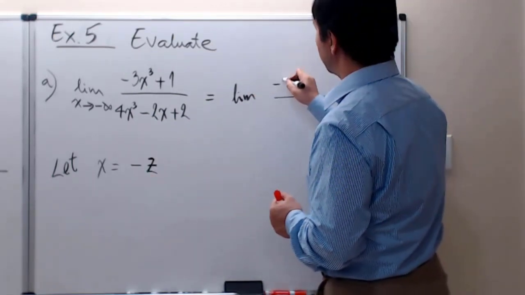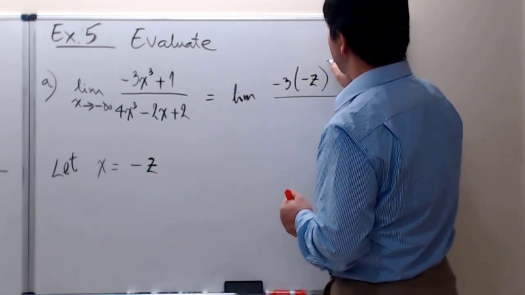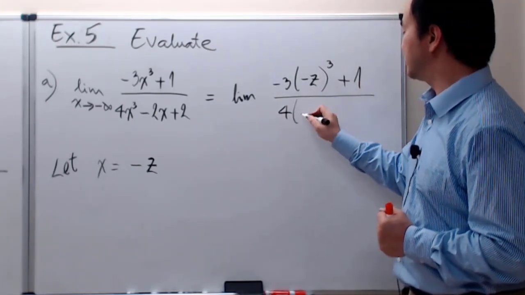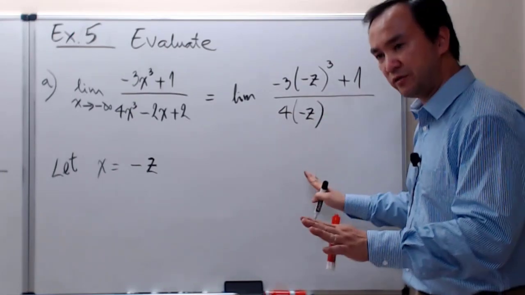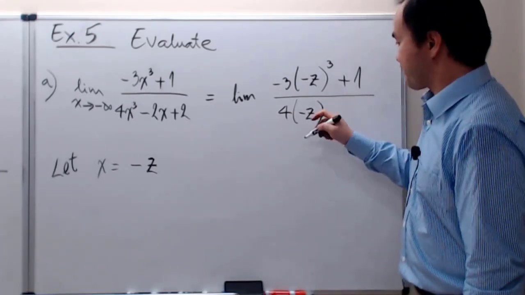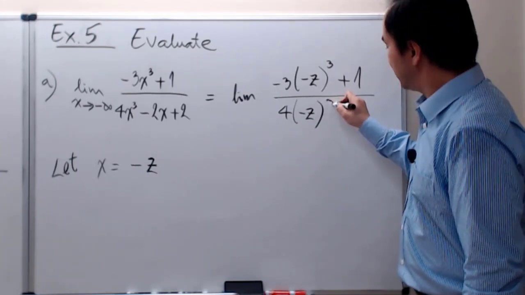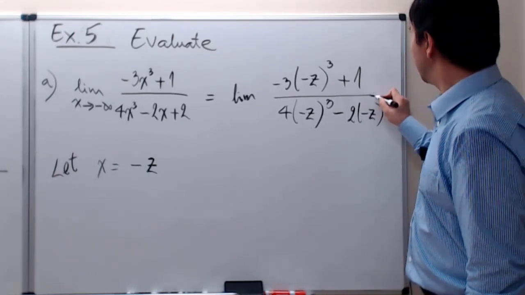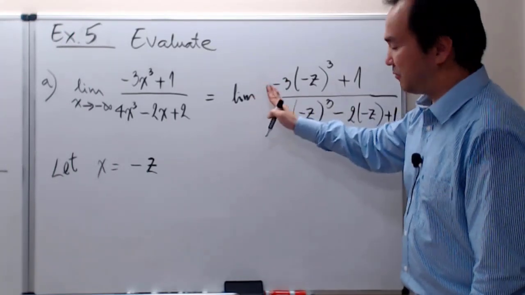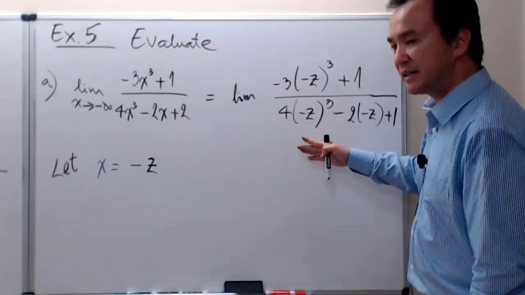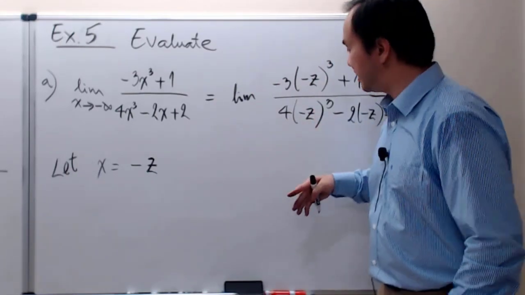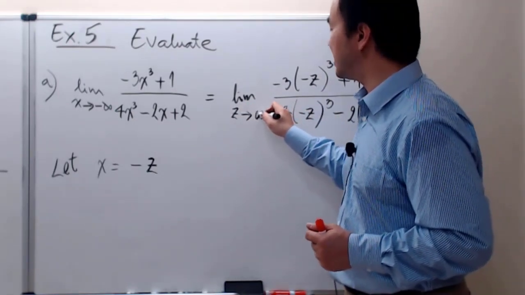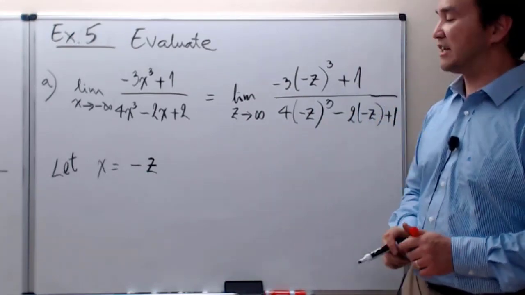So we have minus 3 times (negative z) cubed plus 1, and 4 times (negative z) cubed, minus 2 times (negative z), plus 1. But now, since we're stepping into an entirely new variable, our variable z is going to positive infinity. That's the trick right there.